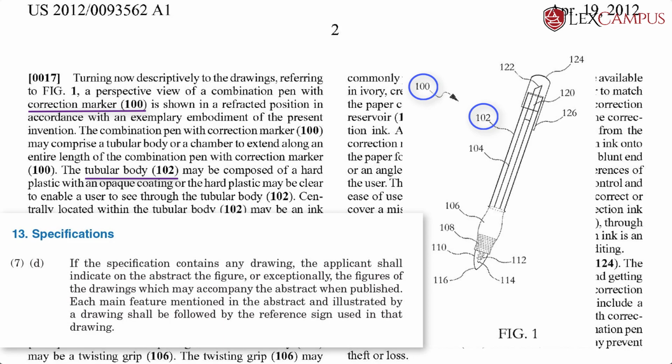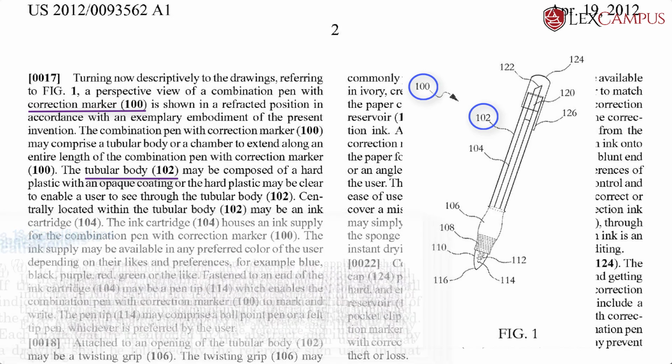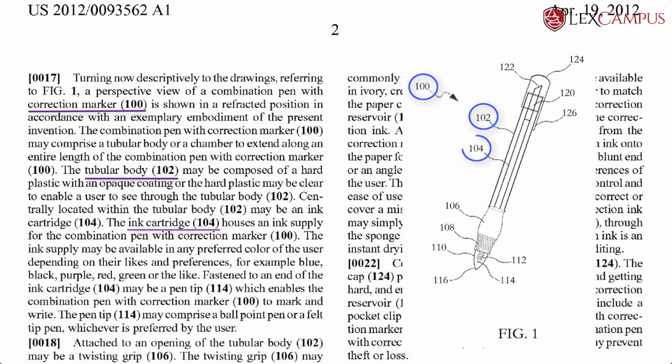So, because these numbers are there, the detailed description will cross refer to those numbers. So, these are all the cross references. Ink cartridge is 104, pen tip is 114, and so on. When you see these numbers, you can look back into the drawing and understand which part of the marked drawing is the part that is described here.